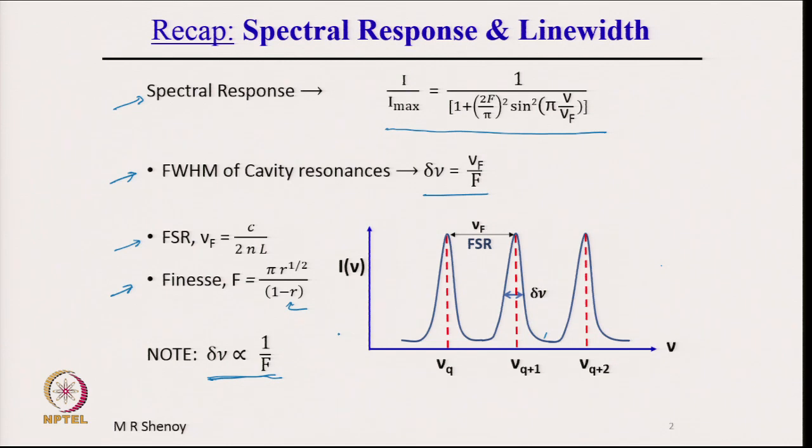So, here is the spectral response which I am just recalling again. nu q, nu q plus 1, nu q plus 2 are the resonance frequencies, and delta nu is the line width of the cavity resonances.